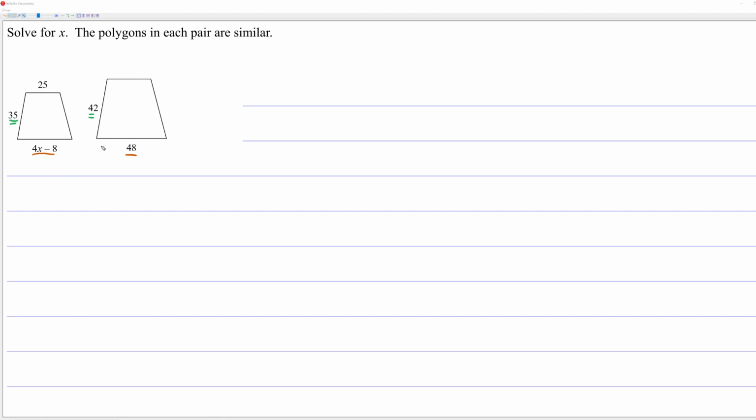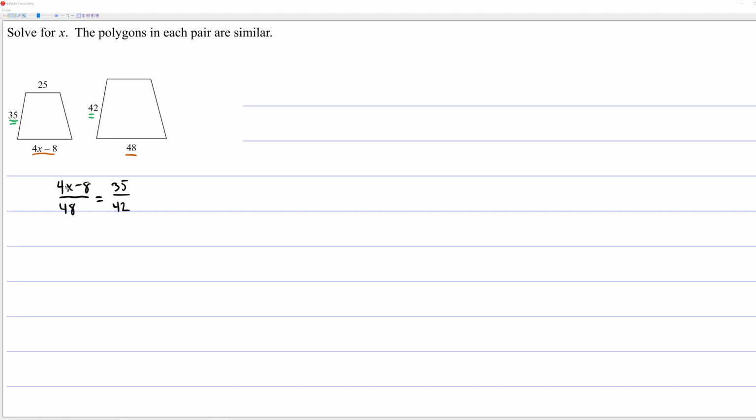So I'm going to go from the left to the right, and we have 4x minus 8 over 48 equals, I have to go in the same order, 35 over 42.